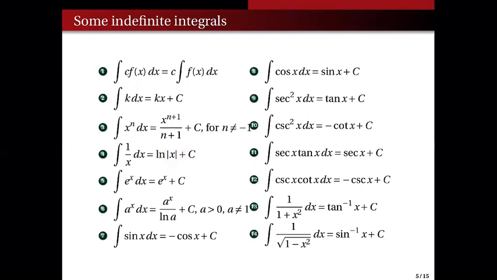Take note of that absolute value. The integral of e to the x dx is e to the x plus c. The integral of a to the x dx is a to the x over ln of a plus c, where of course a is greater than 0 and not equal to 1.